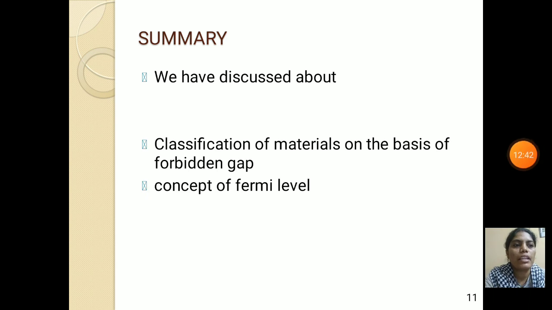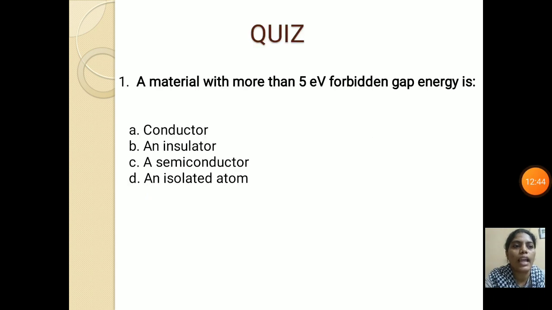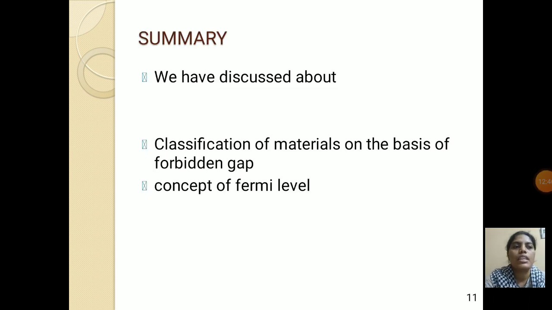Let us summarize what we have seen in today's class. We discussed the classification of materials on the basis of forbidden gap. Depending upon the forbidden gap, the materials are classified into three types: insulators, semiconductors and conductors.